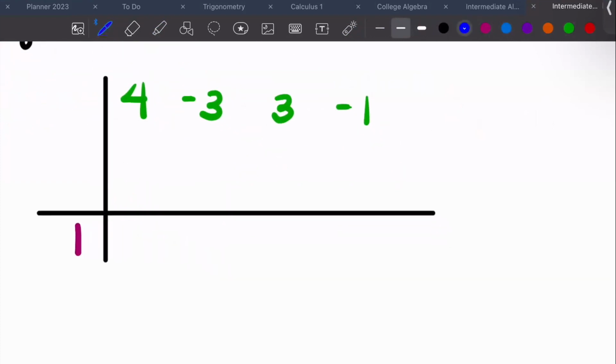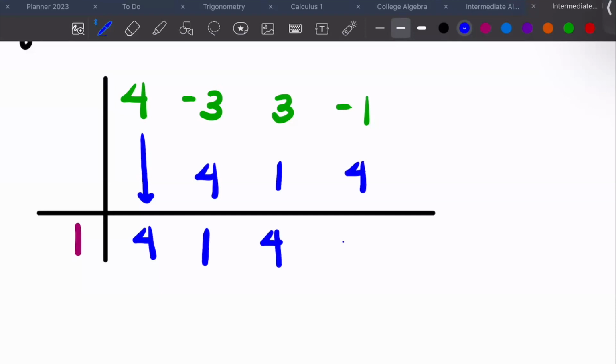Now we start our procedure. We always start by bringing down our first number. 4. Multiply. 4 times 1 is 4. Add down. -3 plus 4 is 1. 1 times 1 is 1. Add down. We get 4. 4 times 1 is 4.